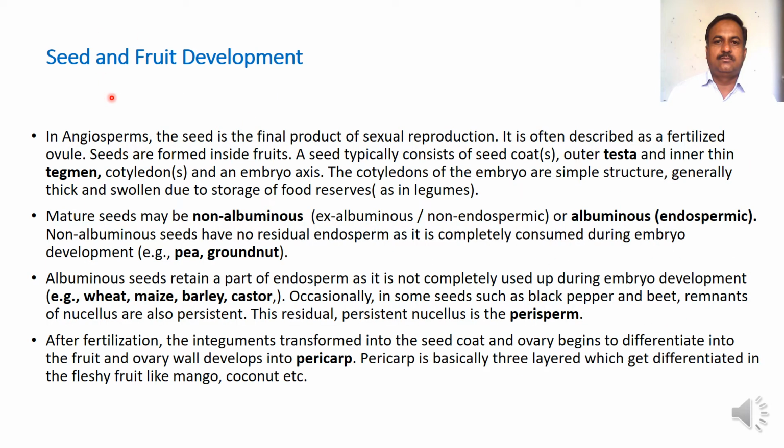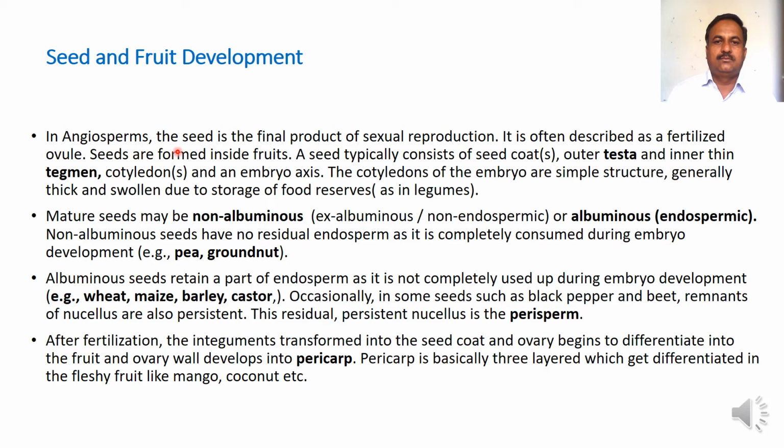Now see seed and fruit development. In flowering plants or angiosperms, the seed is the final product of sexual reproduction. It is often described as a fertilized ovule. Seeds are formed inside the fruit. The seed typically consists of a seed coat.